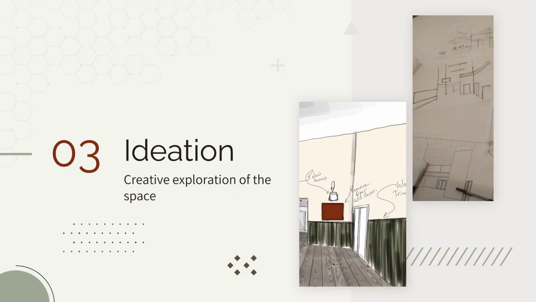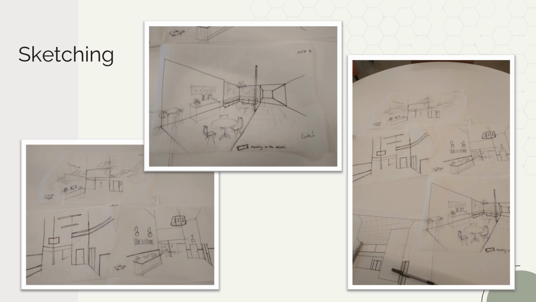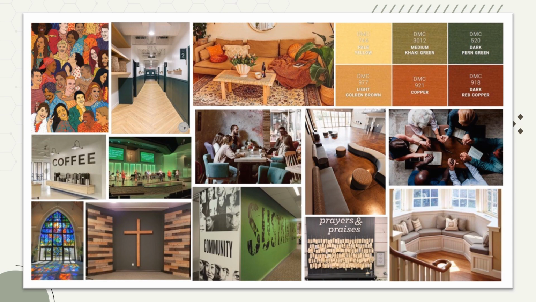Now we will move on to the ideation phase of my project. I began sketching out on paper because I really wanted to feel how the space felt in my hand and just revisit sketching and develop these skills further. I then created a mood board to help guide my design process. I wanted the space to be very warm, welcoming, friendly, exciting, and promote that diverse community.